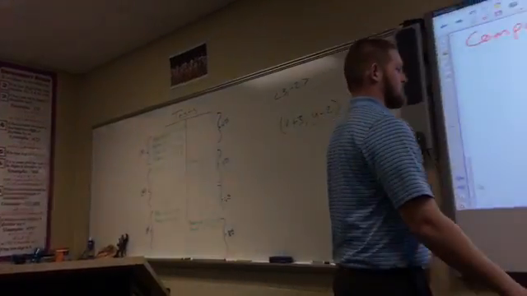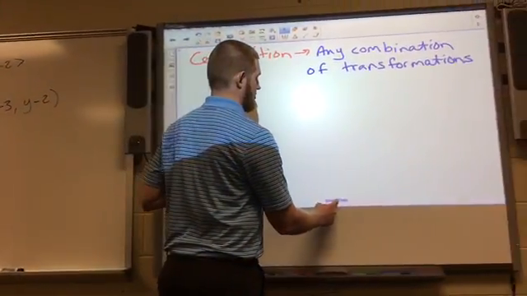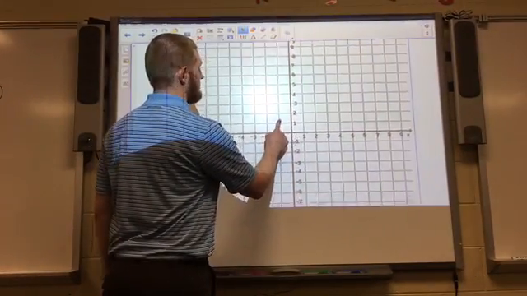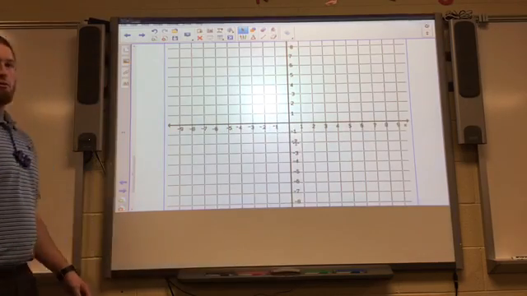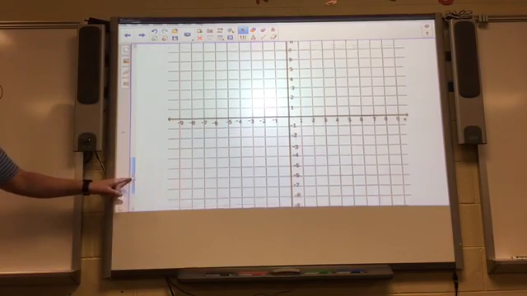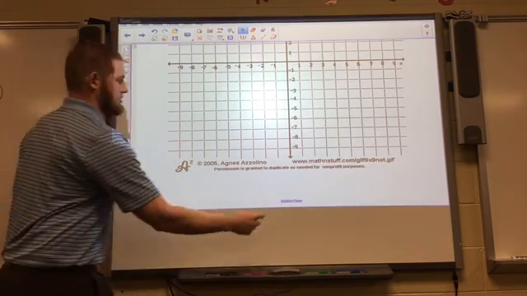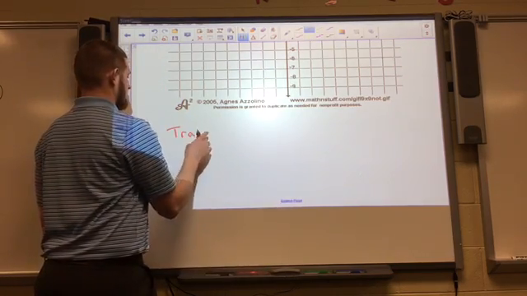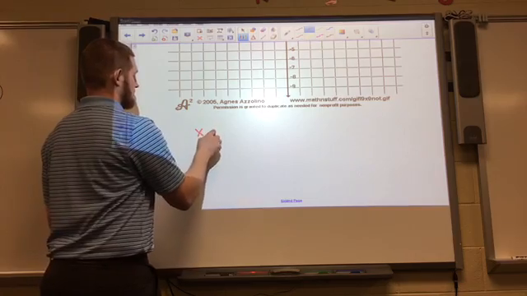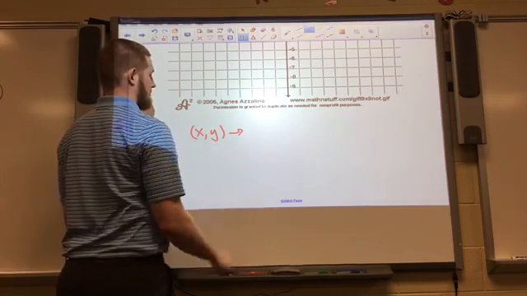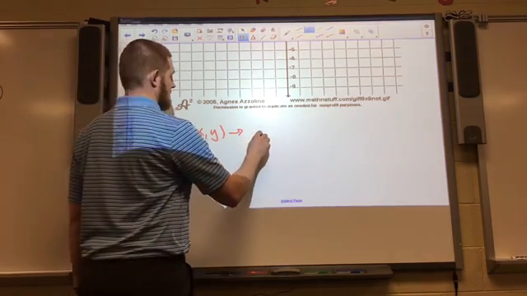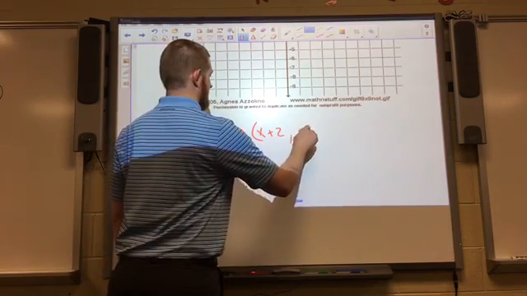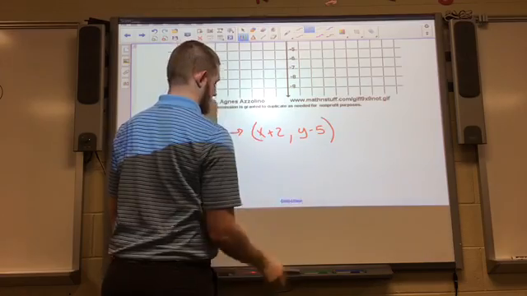Alright, so the next thing, we have 2 more graphs that I want to take a look at. Let's do a composition here real quick. Okay, on this one, we are going to translate, I don't know, x plus 2, y minus 5.